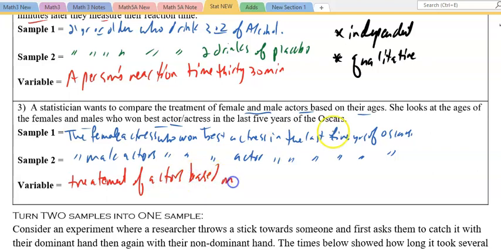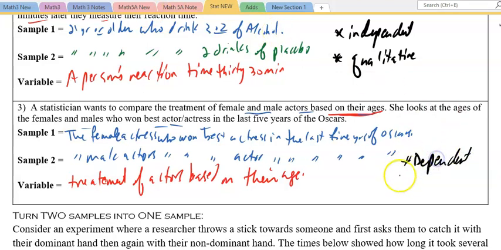Based on, not gender, based on their age. Those are dependent and qualitative.